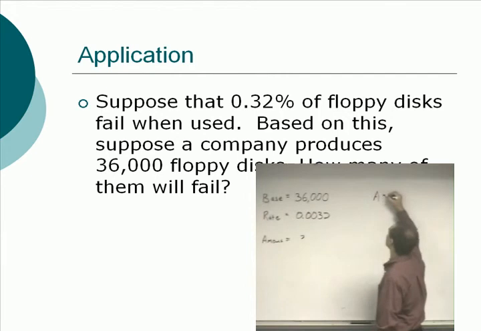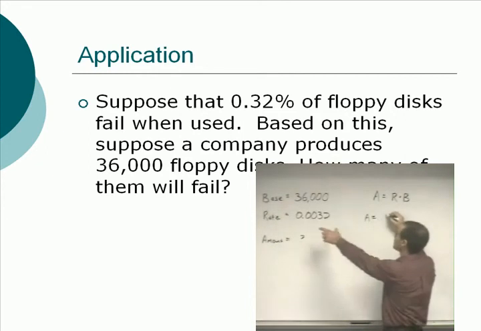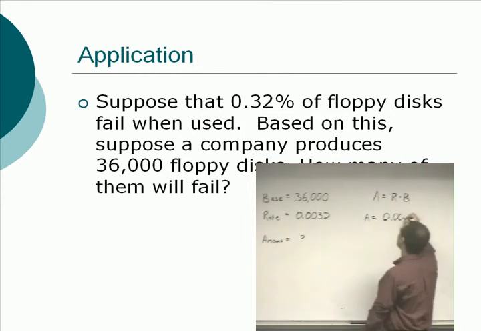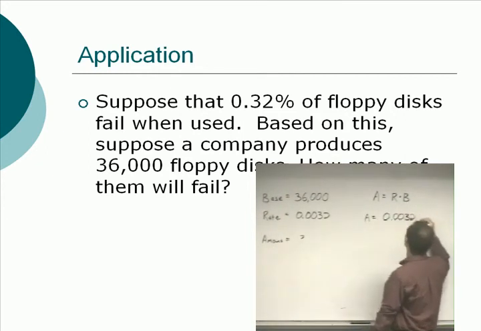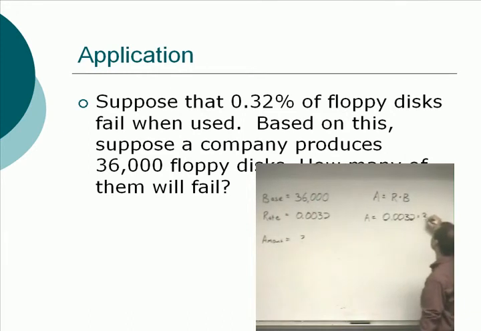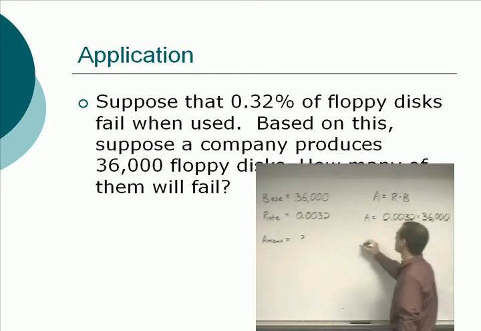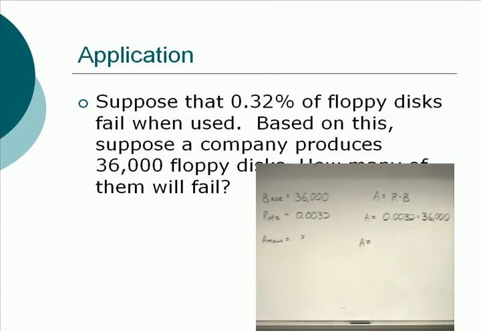So our amount is equal to the rate times the base, and so our amount will be 0.0032 times 36,000. Now, how many sig digs are we actually going to be allowed to keep here? 2.